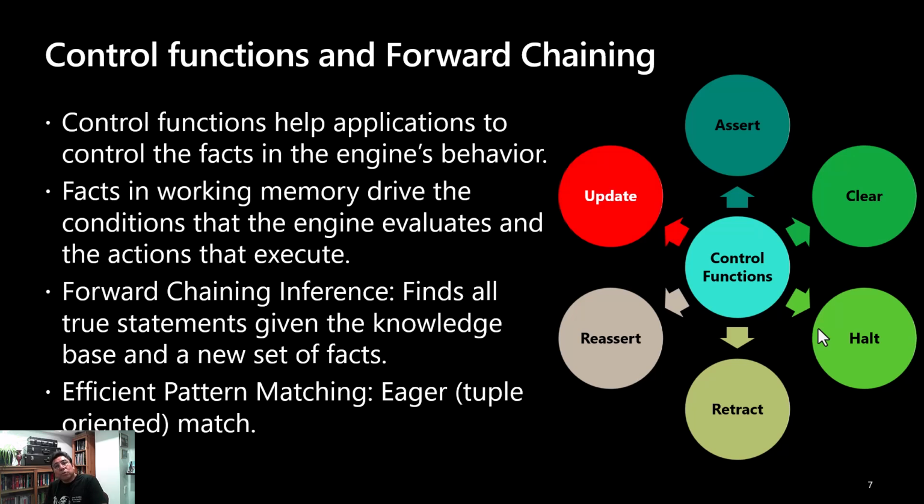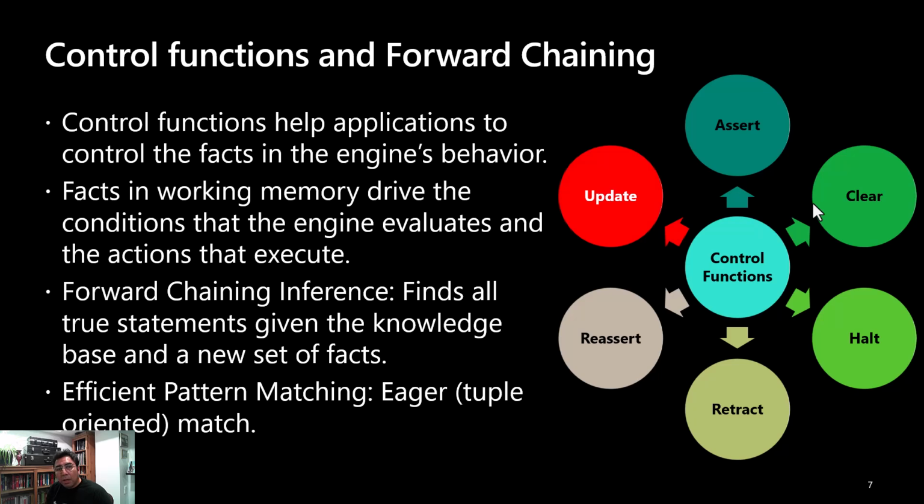So what it's going to do is assess the given knowledge base and the new set of facts upon the execution of this rule to get this rule executed again. So in other words, it's refreshing the execution of the rules, and we do that with the control function called update. The other functions are also available for you to fulfill more complex scenarios with the rules engine.